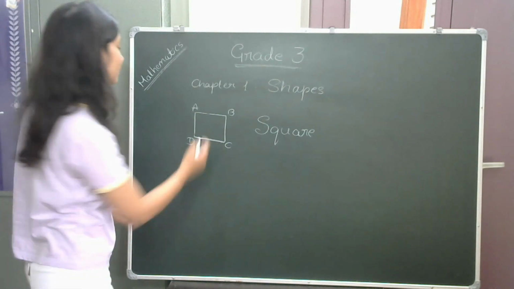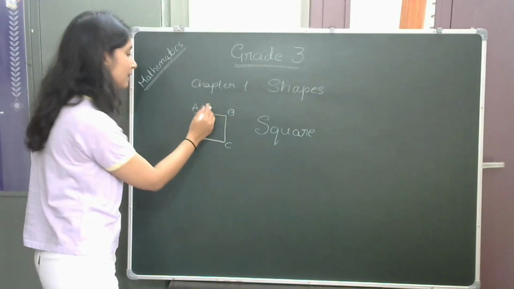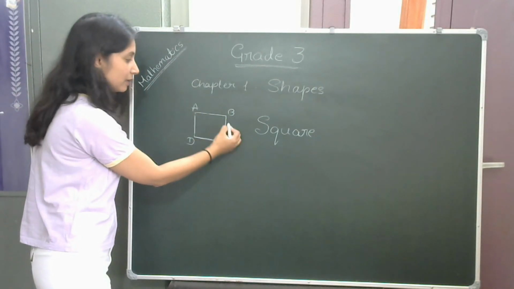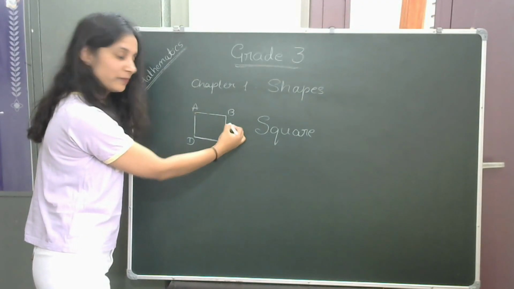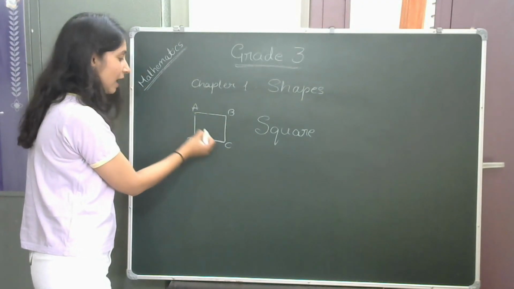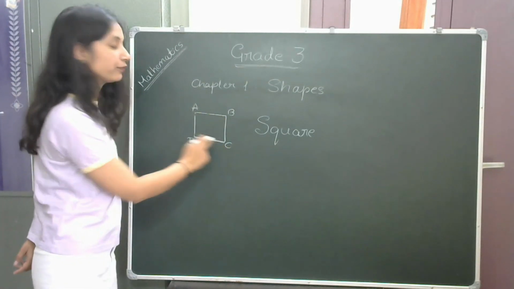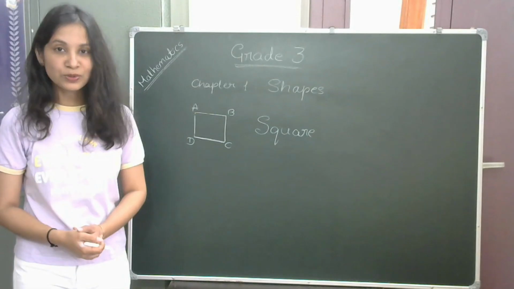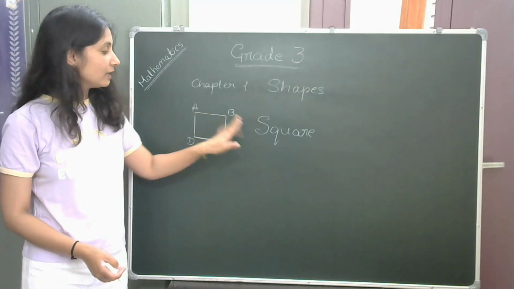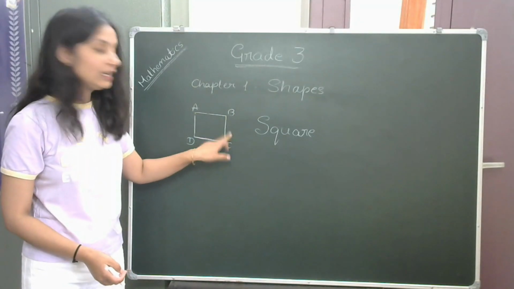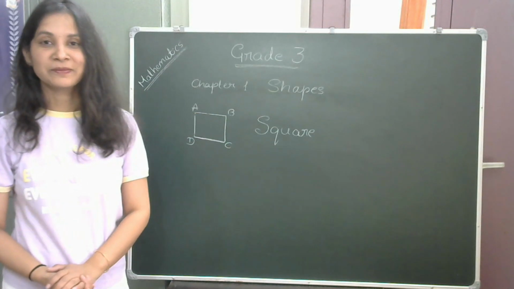Let me count. AB, this is one straight line, right? 1, 2, this is BC, 2, 3 and 4. So, there are 4 straight lines we have used to draw this square. So, we call each straight line a side.